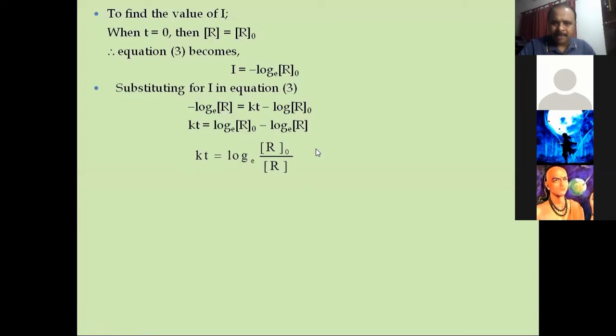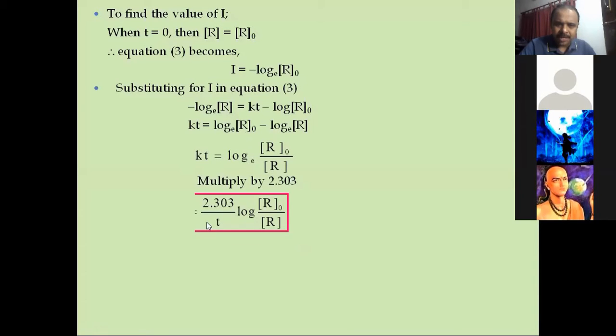Log a by b formula. General logarithmic principle: log a minus log b is log a by b. kt is equal to log R naught by R to base e. So multiply by 2.303 to convert log to base e to log to base 10. So finally you get the equation k is equal to 2.303 by t, with t transferred to the right hand side, log R naught by R.